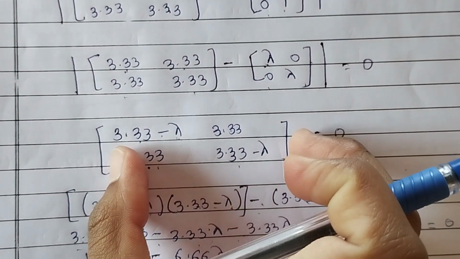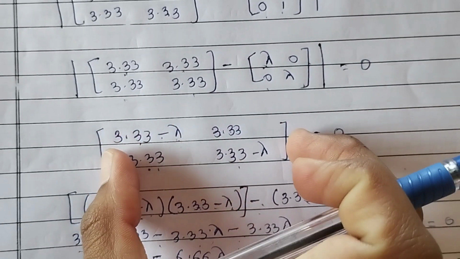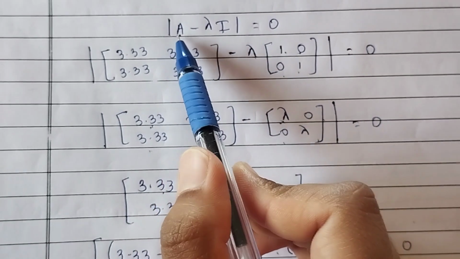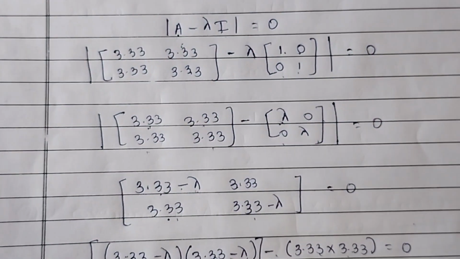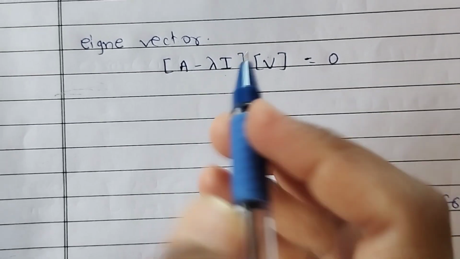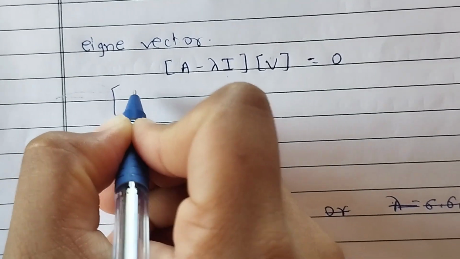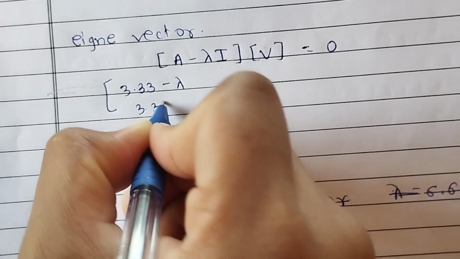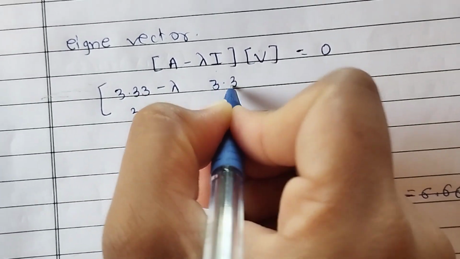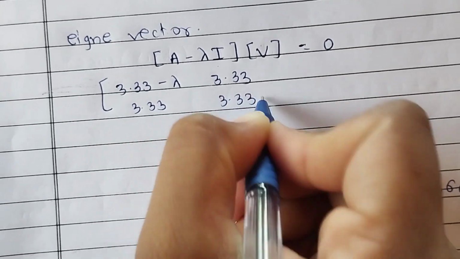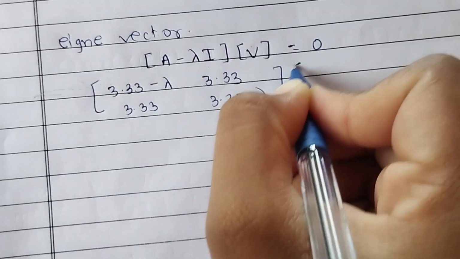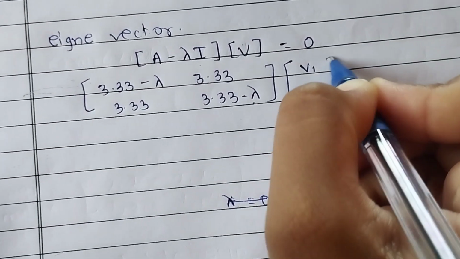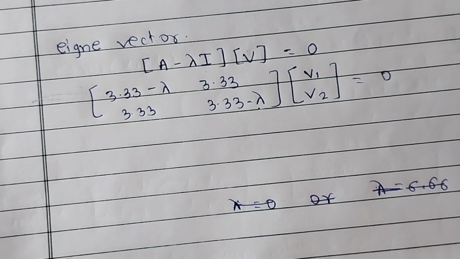So just put in the lambda's value and the matrix is ready for the equation. So this equation: (3.33 minus lambda, 3.33, 3.33, 3.33 minus lambda) into the vector. Now how many rows are here? 2. So v1, v2 is equal to 0.